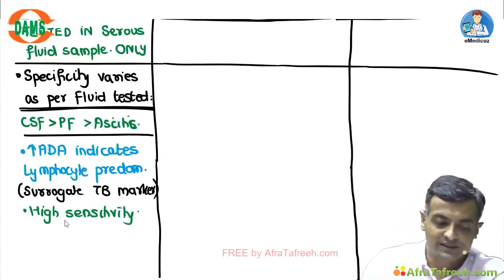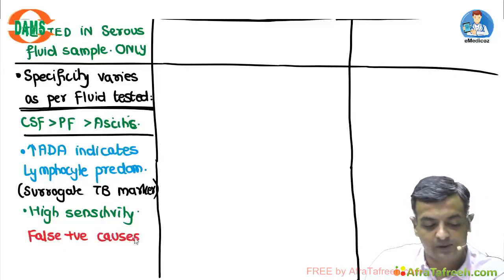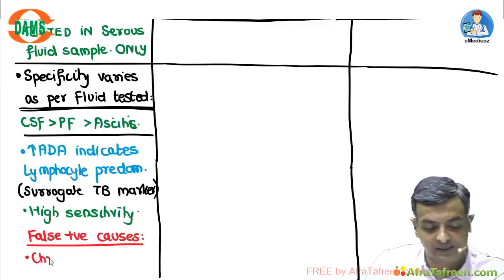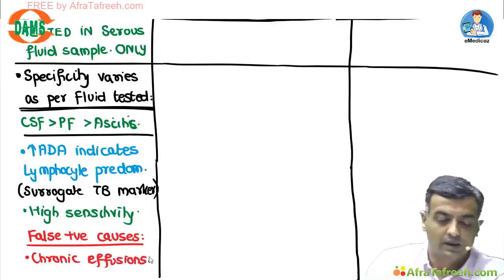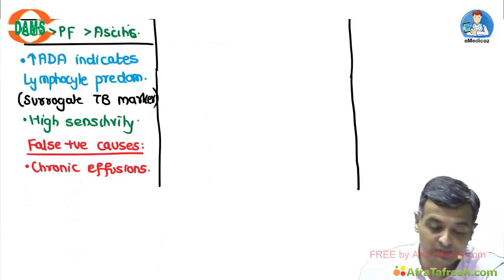But there are obviously false positive causes because it is not a direct marker. What are the false positive causes of ADA? It can be seen in chronic infections, and any chronic effusion can lead to false positives.